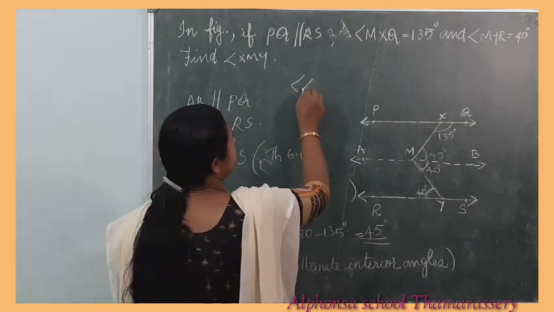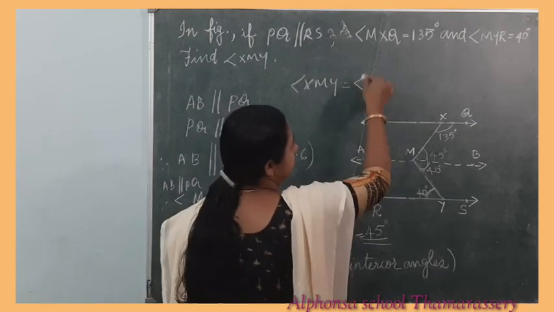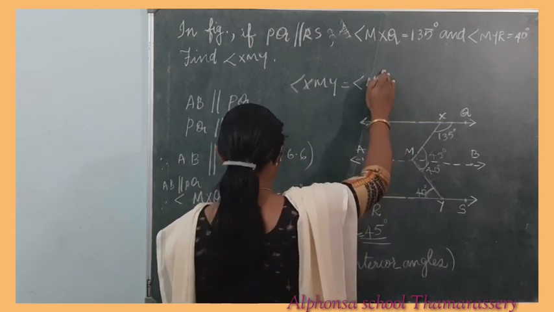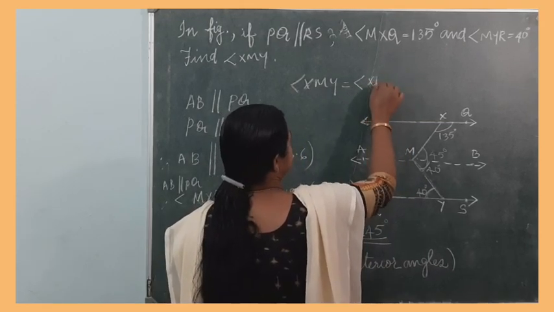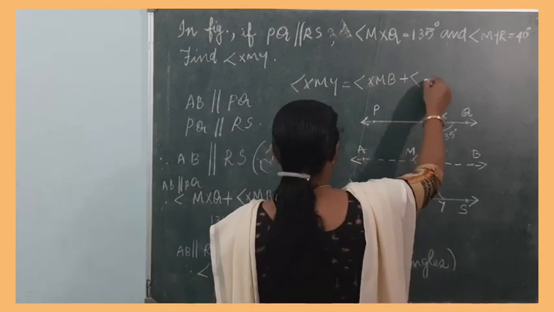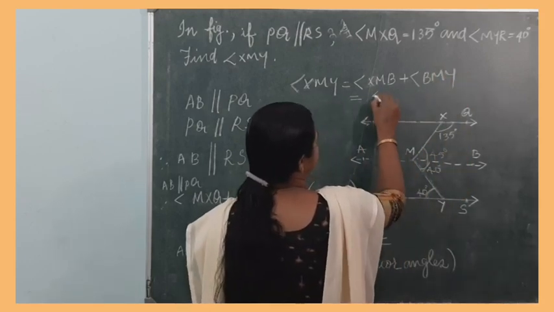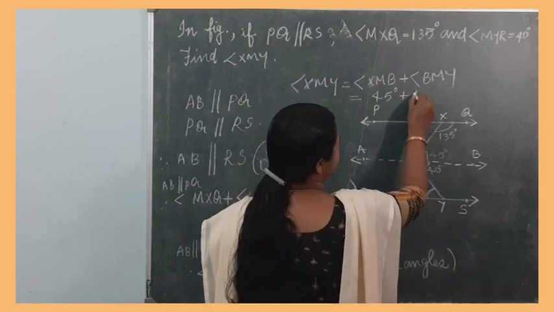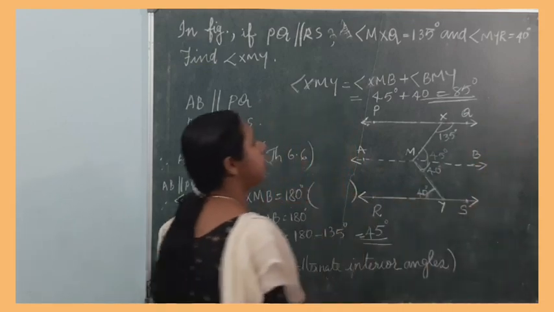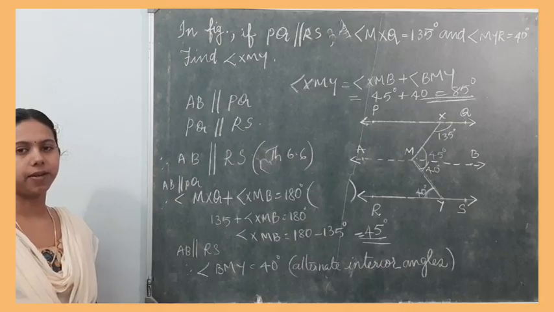So you can write angle XMY is equal to angle XMP plus angle BMY, which is equal to 45 degrees plus 40, that is equal to 85 degrees. So angle XMY is equal to 85 degrees.